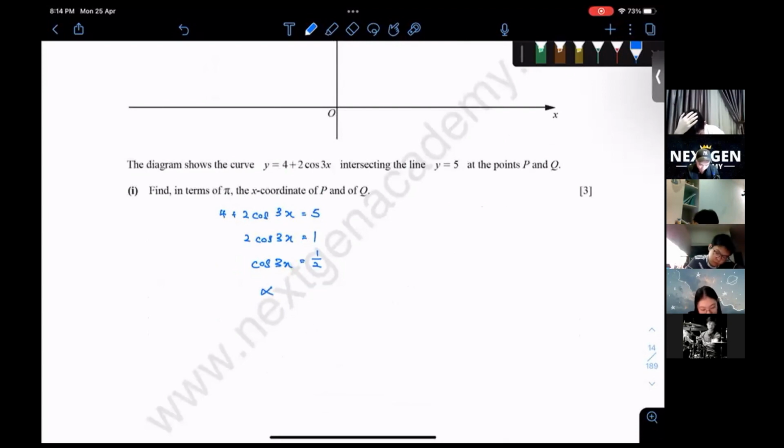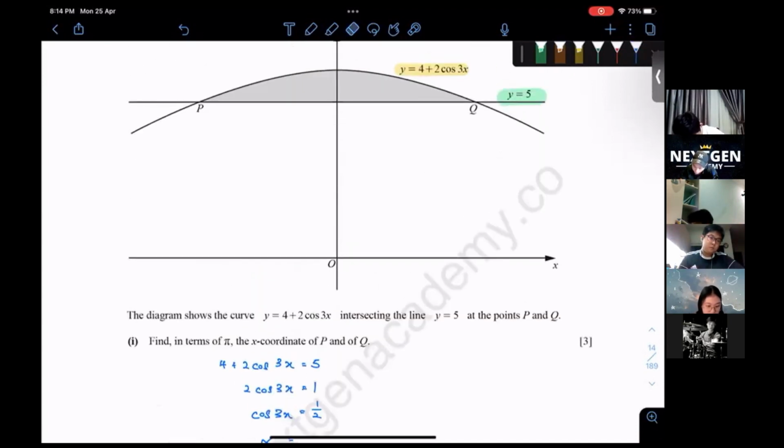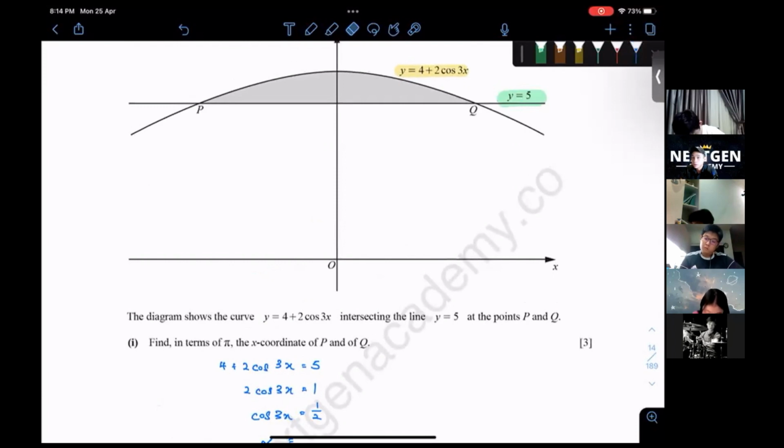They want it in terms of pi, right? Let me see, what do we have here? This is also quite tricky because we have to know the x value, and they never give you the range, the domain of the angles. So this one you have to think a little bit because my x value, which is my theta, will give me a negative over here.